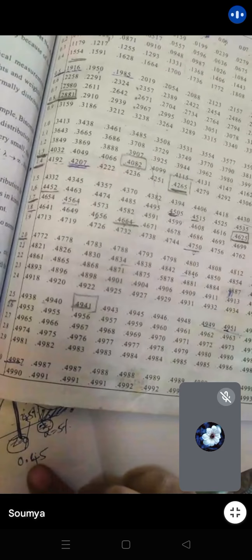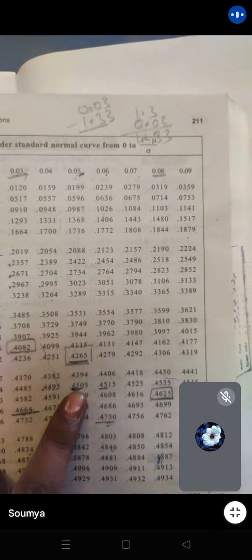We got here 0.45, right? Now look at where it is 0.45. Here 4505, right? Tell me what is the value of Z? 0.45 is the area. What is the value of Z?